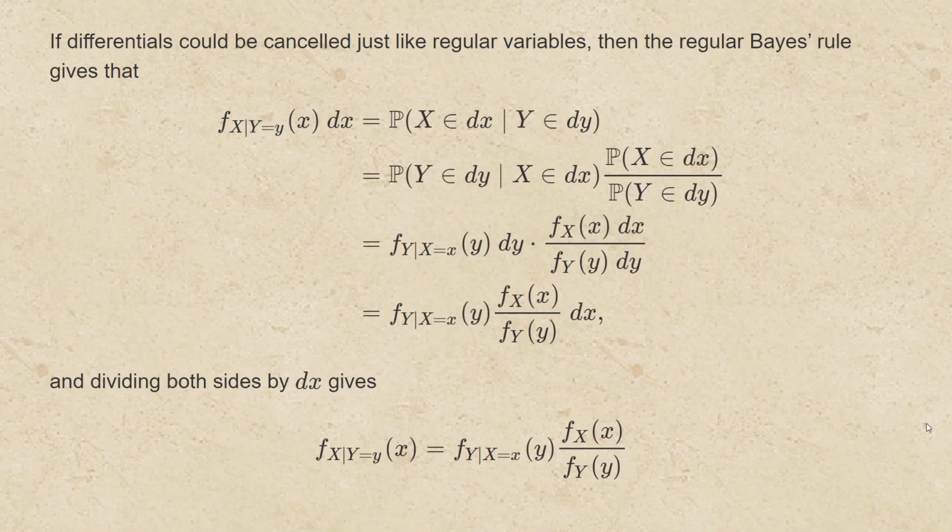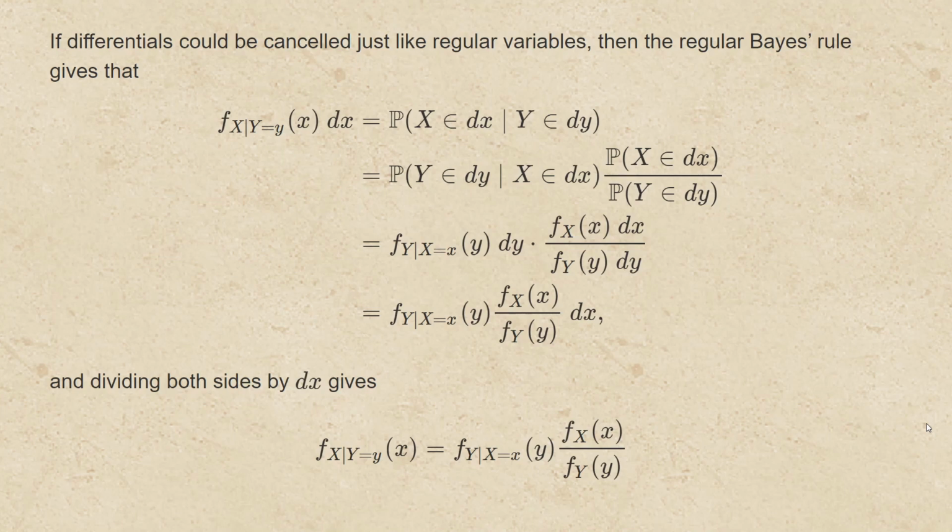Applying Bayes' rule then tells us that that's the probability Y falls in a differential element around y, given X falls in a differential element around x, times the probability X is in the differential element around x, divided by the probability that Y is in the differential element around y. So this is just the density of Y conditioned on big X equaling little x at y dy, times the density of X at x dx, divided by the density of Y at y dy.